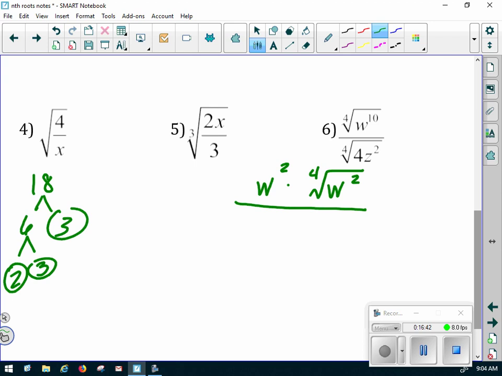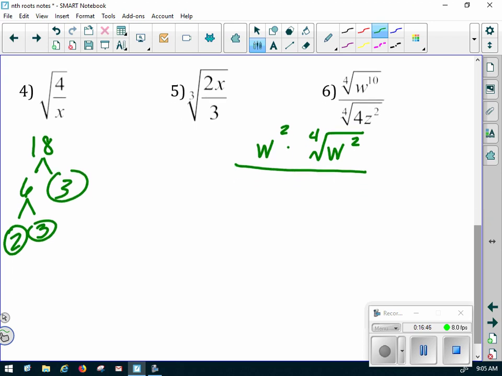Now the bottom. I'm going to do this a little weird. If you factor 4, do you have any quads you can pull out? No. So here's what I'm going to do. I'm going to write this like this.